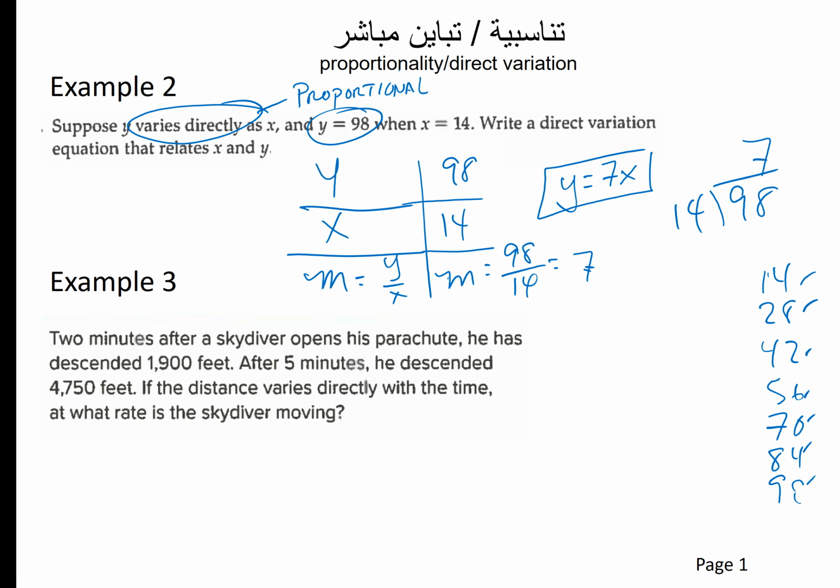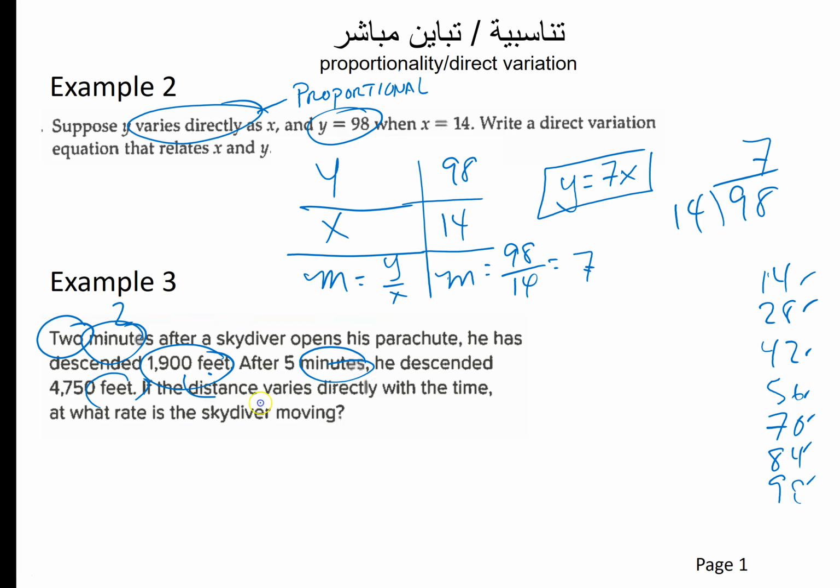Okay. So this next problem I'm going to do real quickly. It's going to take a few seconds. So what you look for is 2 minutes. So we're going to write the number 2, and the feet descended. So I have minutes, feet, minutes, feet.